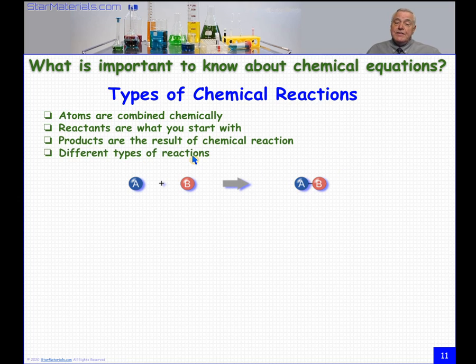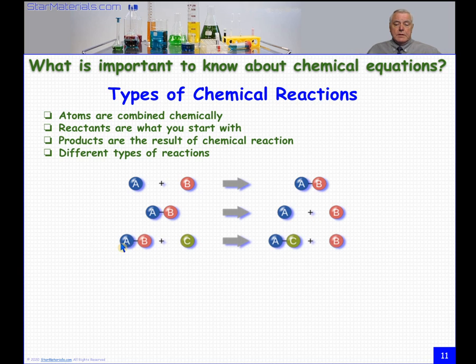There are different kinds of reactions, though. So we have combination, we have these 2 breaking apart. We have A and B together, and then they combine with C in a chemical reaction to give now A and C, but not B. So A breaks up with B and joins with C. And you have a double replacement.